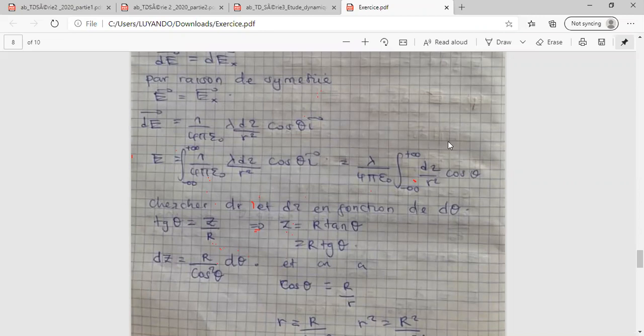There was no theta involved. So this time we have a theta. So we're finding the z and the r in function of theta for us to be able to integrate this expression. So we're going to first find the r and the z in function of theta. So our z, okay, so let me try to go back to our drawing.